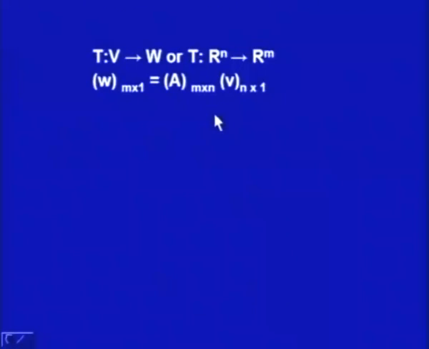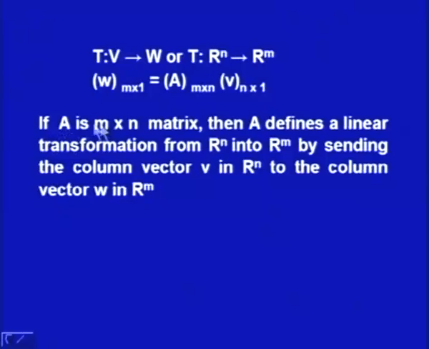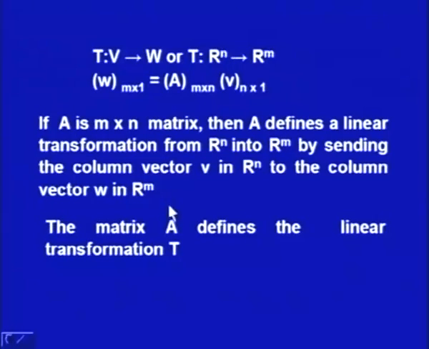So if A is an m by n matrix, then A defines a linear transformation from Rn into Rm by sending the column vector V in Rn to the column vector W in Rm. So the matrix A defines the linear transformation T. So with every linear transformation there is an associated matrix A.